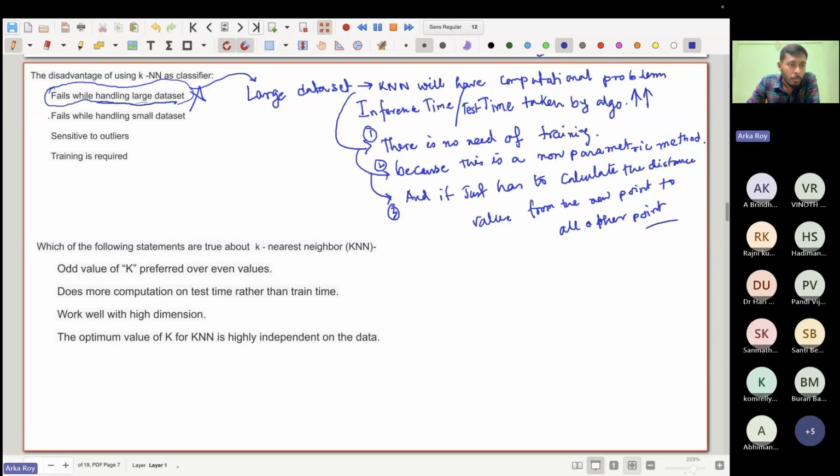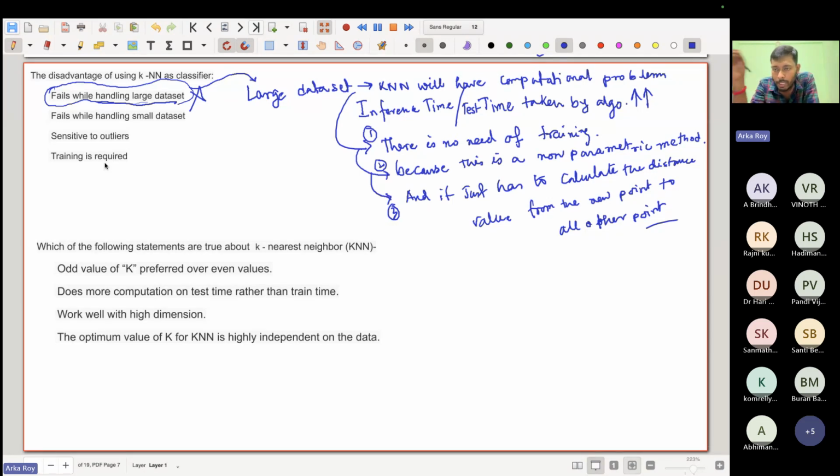So the second statement they have given is: fails while handling small data set. If handling larger data set was no problem as far as classification accuracy or performance is concerned, then in case of a small data set, you have a very small number of data points.